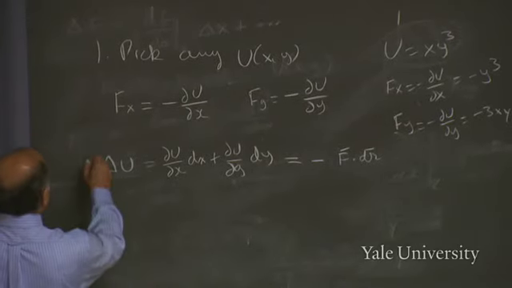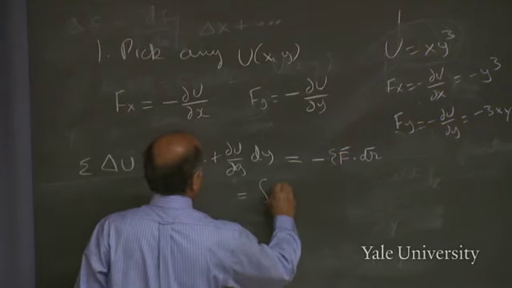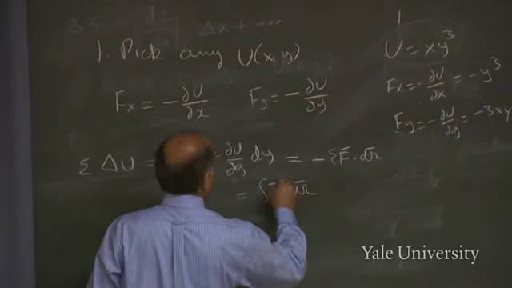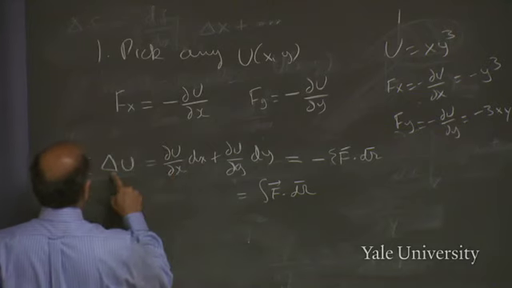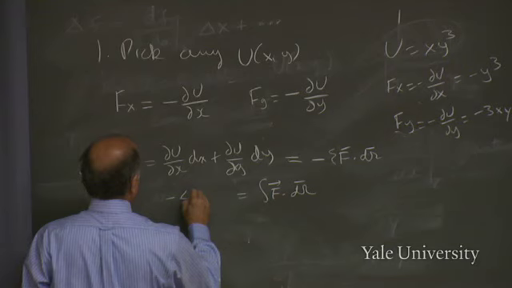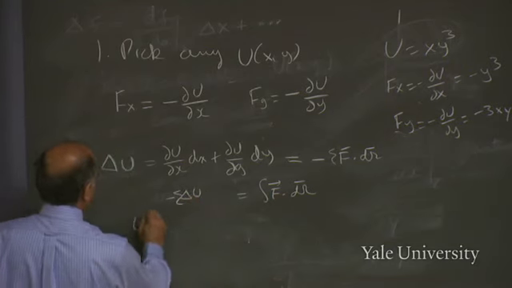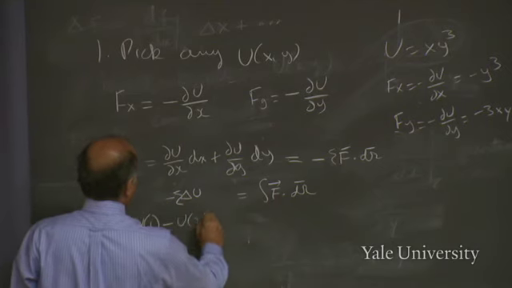Now, if you add all the changes, the right-hand side becomes the integral of F dot dr, and the left-hand side becomes the sum of all the delta u's with a minus sign. Add all the delta u's with a minus sign, and that just becomes u at 1 minus u at 2.